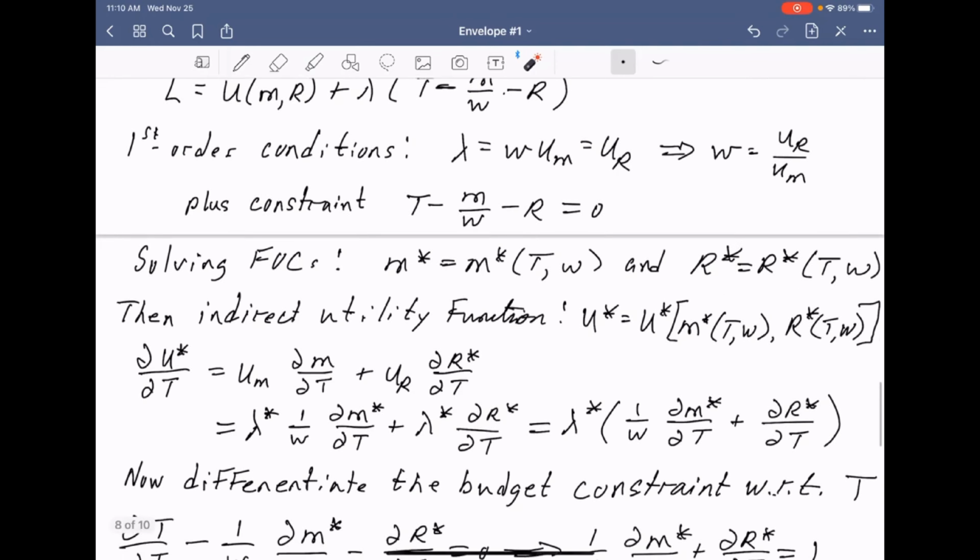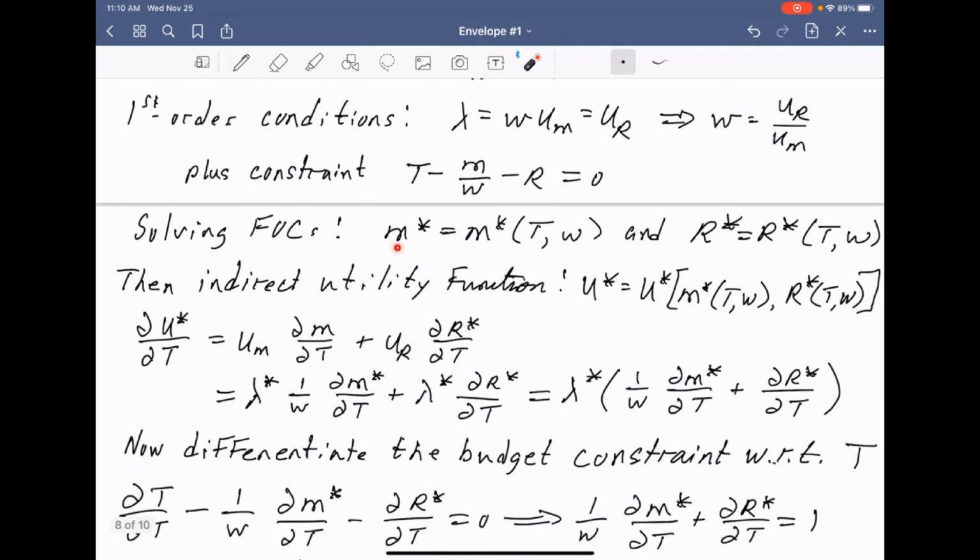So then the indirect utility function, because these were the optimum values that we find, is a function of m star and r star, where these are given up here.